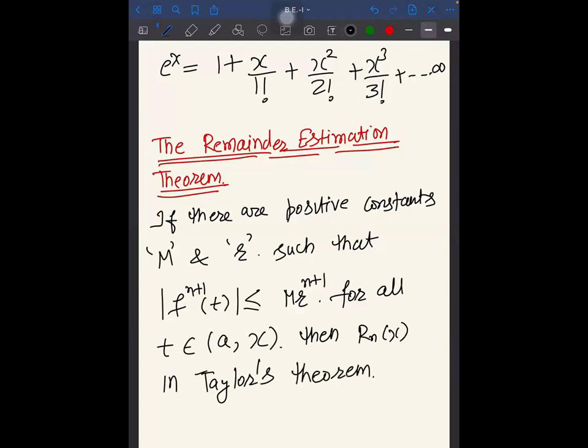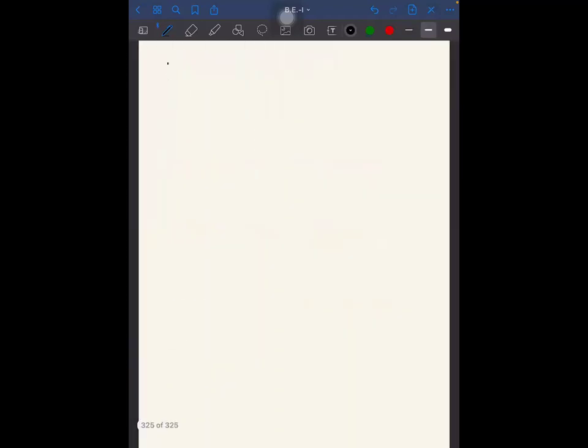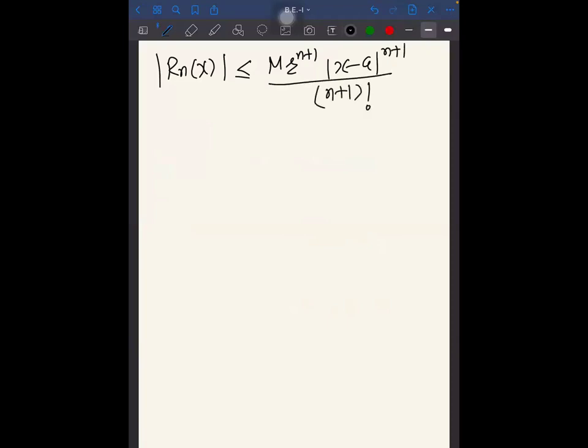So in that Taylor theorem, R_n(x) can be expressed as, R_n(x) is less than or equal to M R^(n+1) |x - a|^(n+1) upon (n+1) factorial. Right? It's pretty much easy actually to prove it.